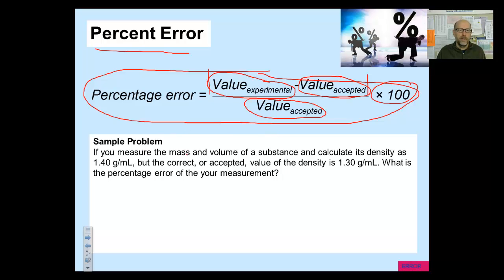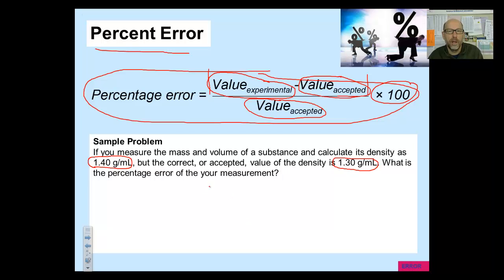So here's a problem. You measure the mass and volume of a substance, calculate its density. You find it to be 1.4 grams per milliliter. But then you find out that, wait a minute, it was supposed to be 1.30 grams per milliliter. What's your percentage error? So how you do this is, because this is an absolute value, you can subtract either way, but to make my life simpler, I will go like this.